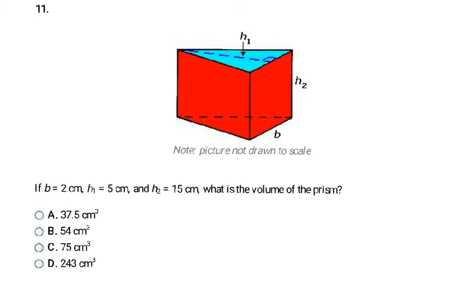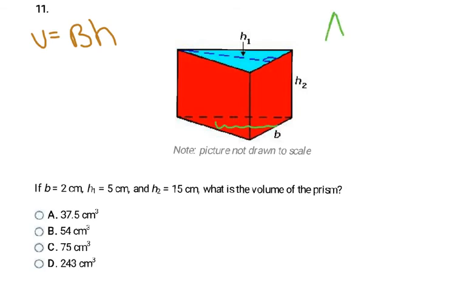Alright, so here they tell me the lengths of the different edges, and it wants to know what is the volume of the prism. So in 11, I'm going to need to know my volume formula for a prism, which is the area of the base times height. So here, my base is this triangle.